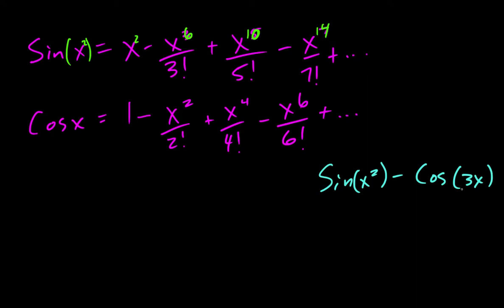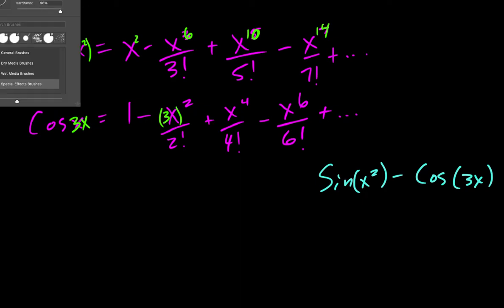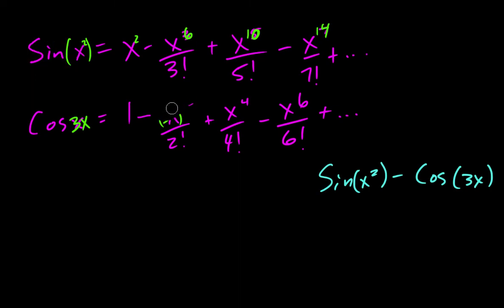Okay. Now cosine of 3x, we're going to get 3x quantity squared, which is going to give us 9x squared. And x to the 4th, we're going to think of that as 3x to the 4th.